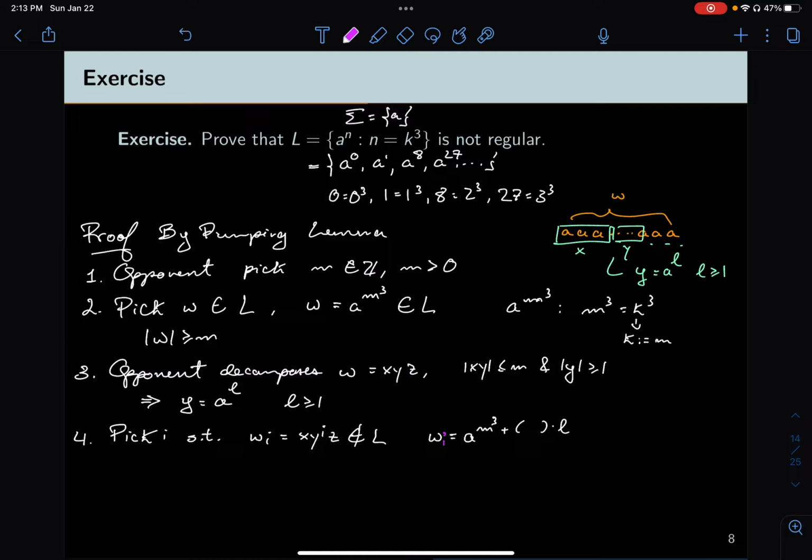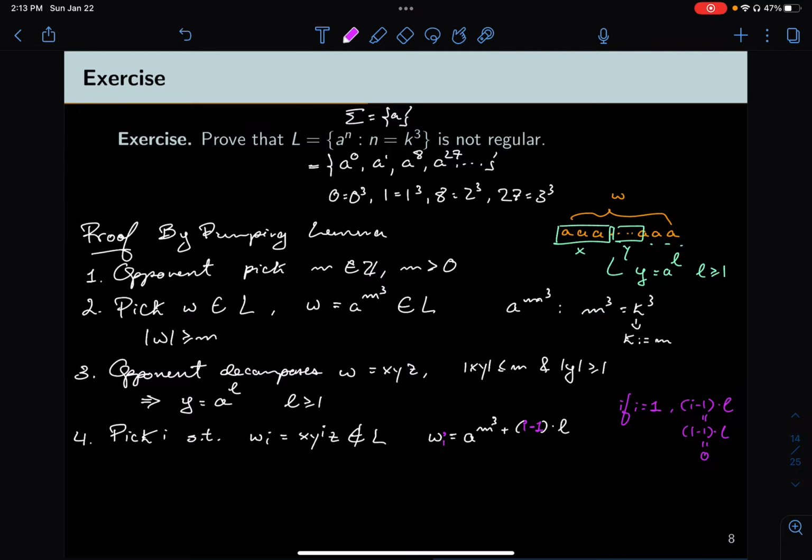So if I'm pumping by i, then the pumped string will look like a^(m cubed plus (i minus 1) times L). Why i minus 1? Because if i is equal to 1, then I have (i minus 1) times L equal to 1 minus 1 times L, which is 0.